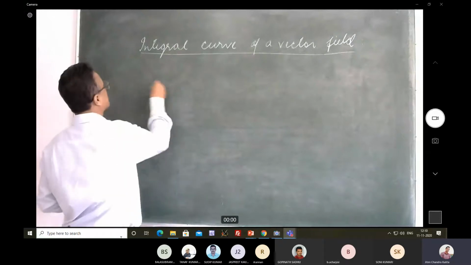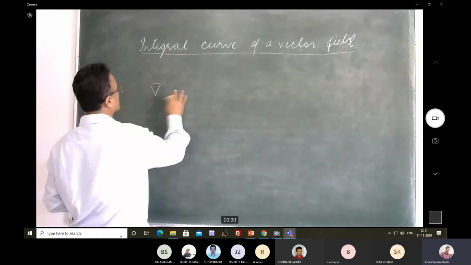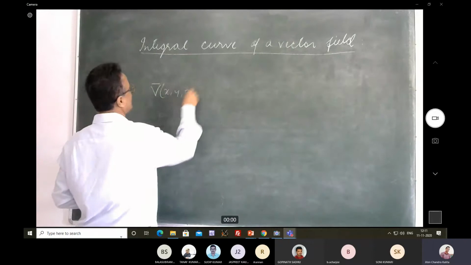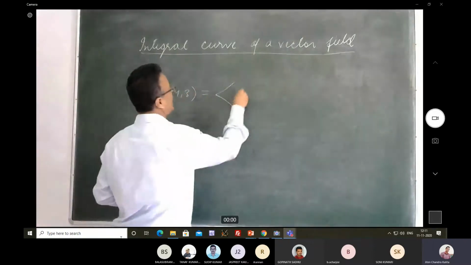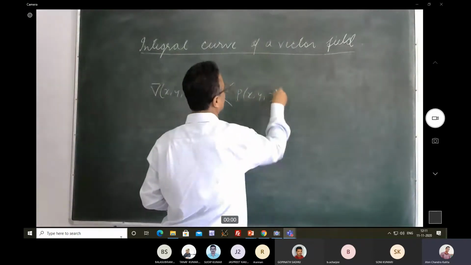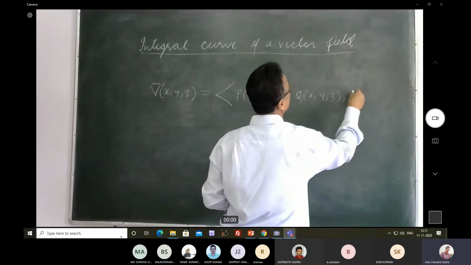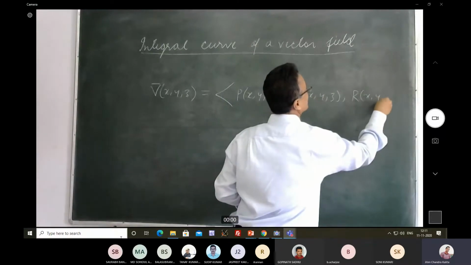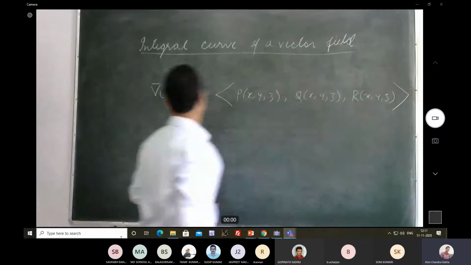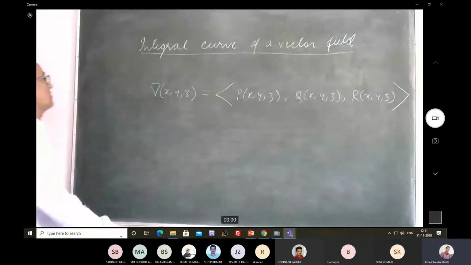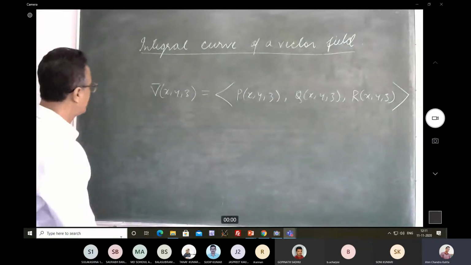If I have a vector field, say V, of course it is a function of x, y, z, given by this functional relationship, right?